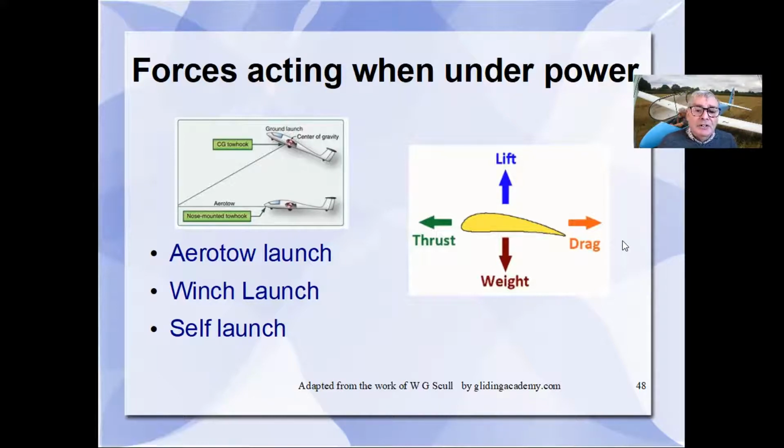And in the diagram we see here, thrust and drag balance each other out, and lift and weight balance each other out. So the aircraft will travel at the same height in a straight line at a constant speed. If it's accelerating or decelerating, then a different set of rules applies.